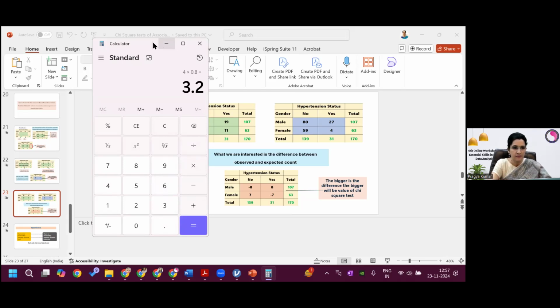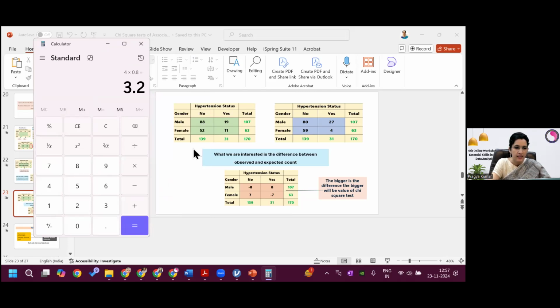That means in all these 4 cells, even if you look at these 3 cells, is there any cell where the expected count is less than 5? Focus on this table. No. That means this assumption is met.